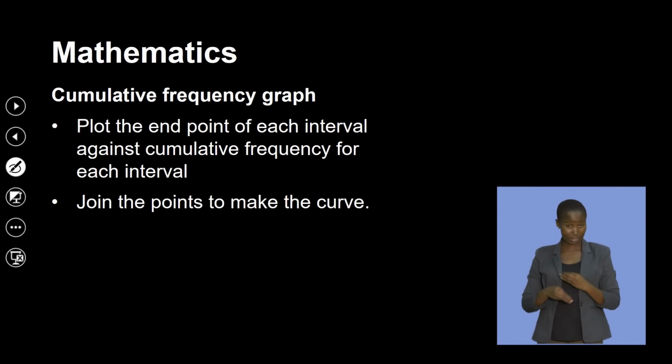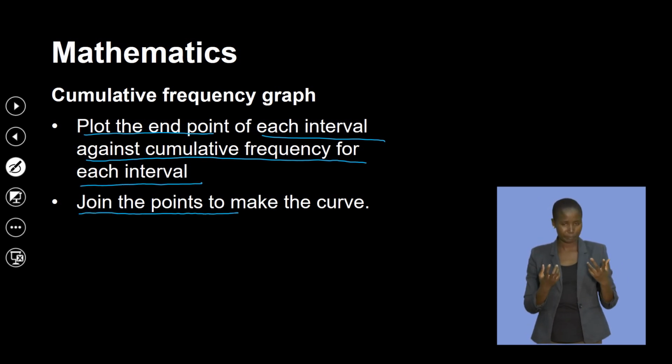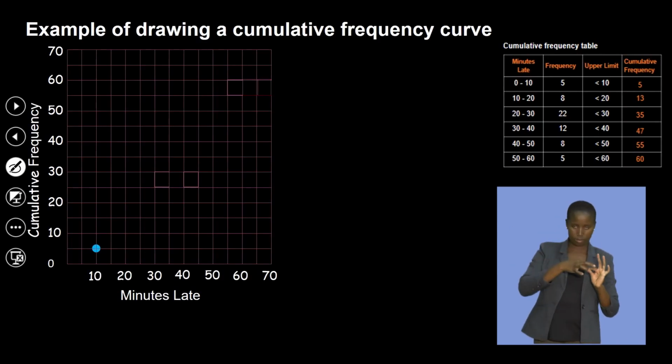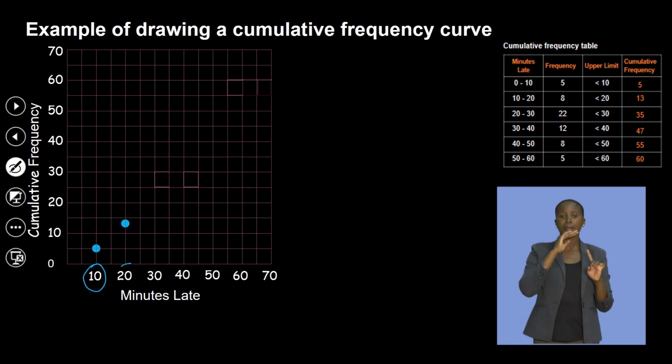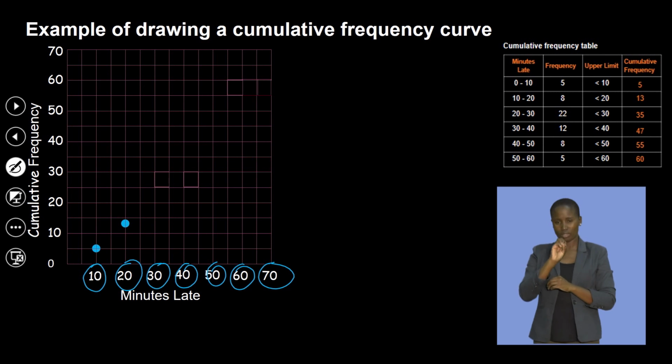Now, to plot, we're going to plot the end point of each interval against the cumulative frequency for each interval. Then join the points to make a curve. Let's see. So what we have now are the points: the end point 10 with its cumulative frequency, another end point 20, 30, 40, 50, 60, 70.